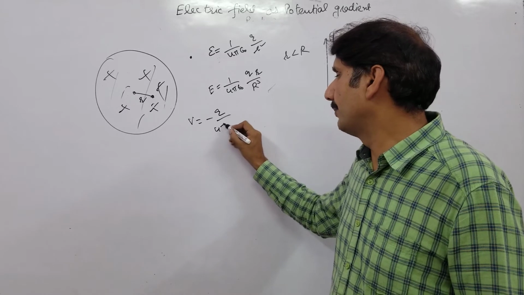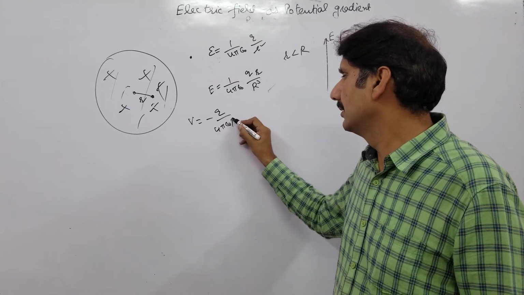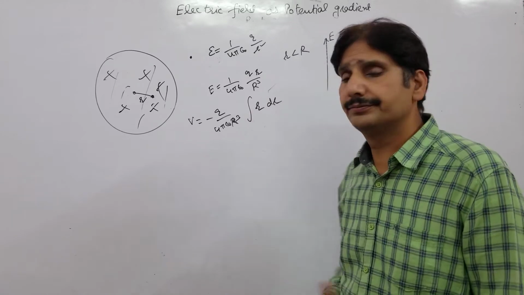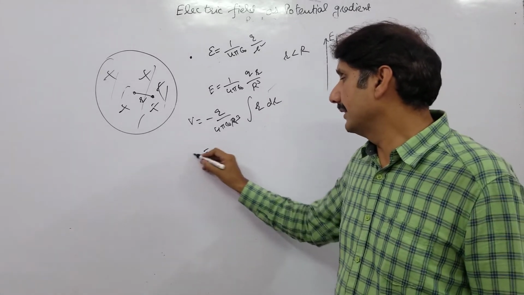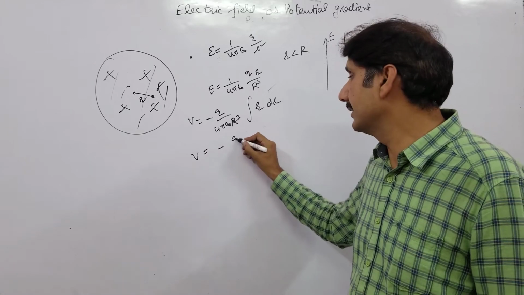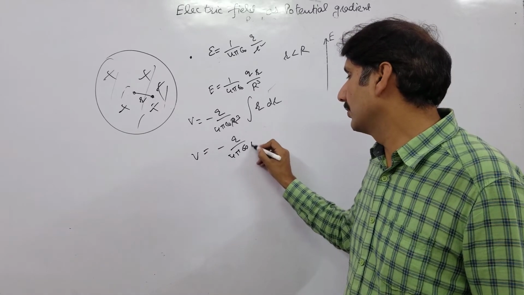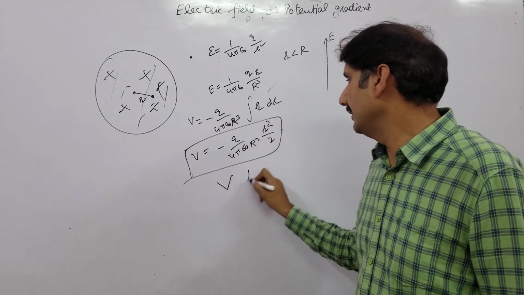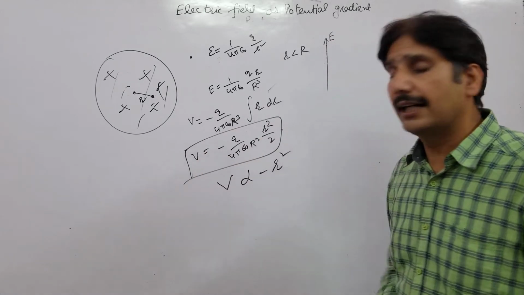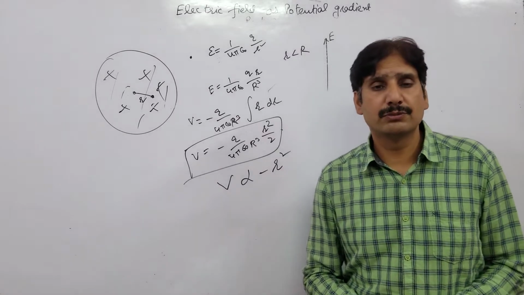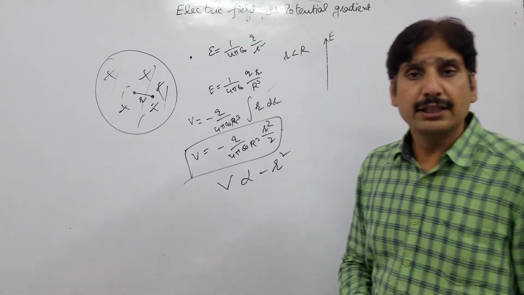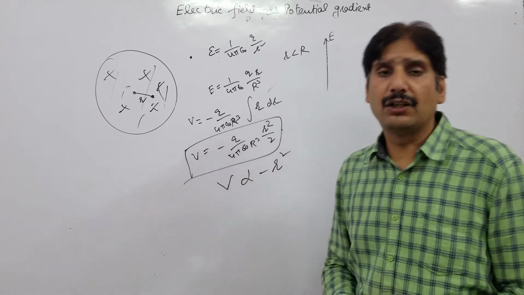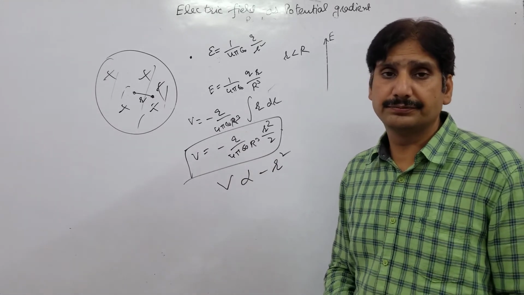Minus q by 4 pi epsilon naught R cube, that's constant, and inside we have r dr. This r gets integrated as minus q by 4 pi epsilon naught R cube times r square by 2. So V is proportional to minus r square, like y proportional to minus x square. This is the case of a downward parabola.